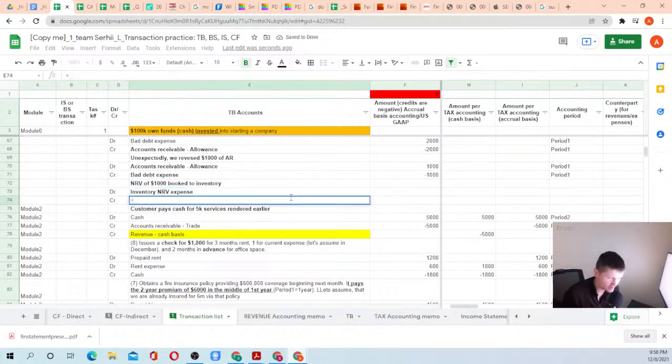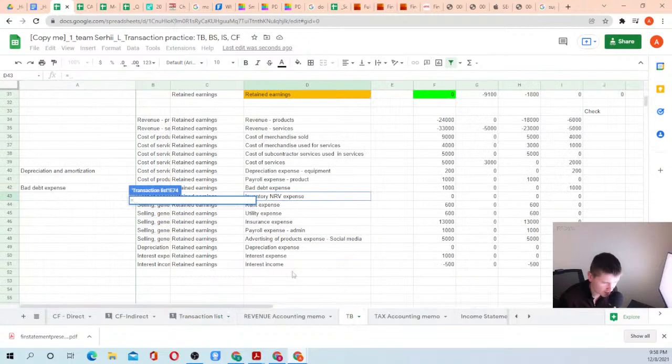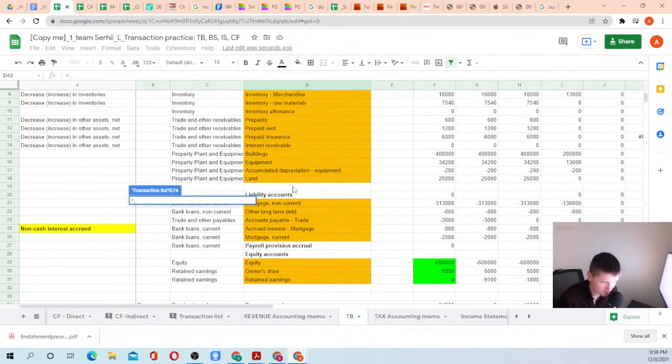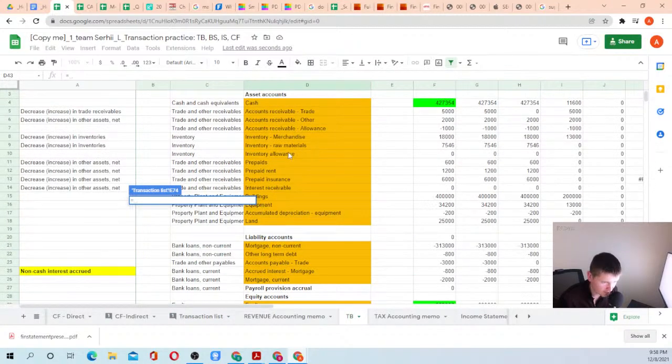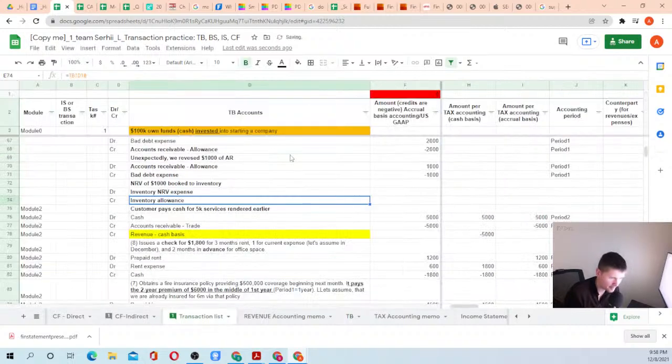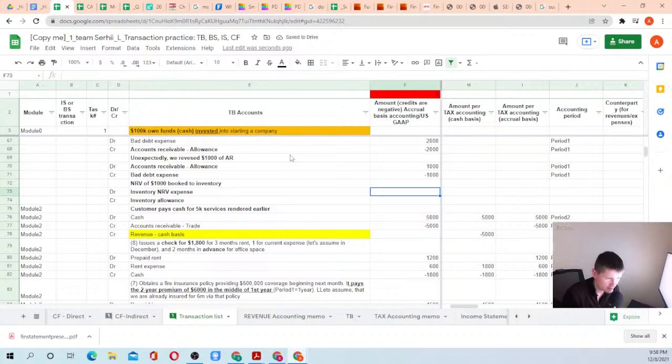So I'm booking 1000 of inventory expense. Basically with NRV and inventory, the situation will look similar to accounts receivable. Let's see. 1000 minus 1000.